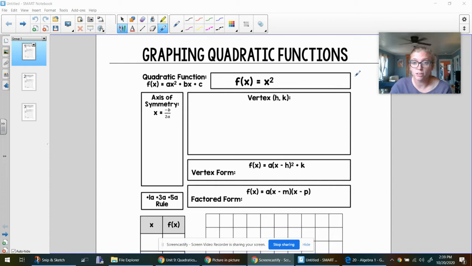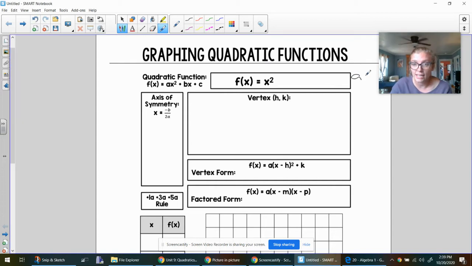So as we said already, a equals 1 in this quadratic, b would equal 0, and c equals 0. So we're going to use this information to help us break down each piece of these notes. So we're going to start with the axis of symmetry. So the equation for axis of symmetry, that line that divides a parabola in half, is x equals negative b over 2a.